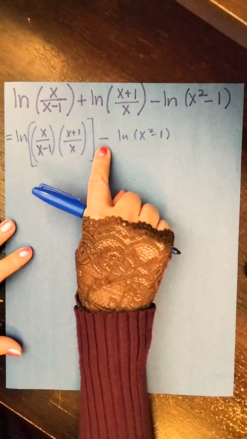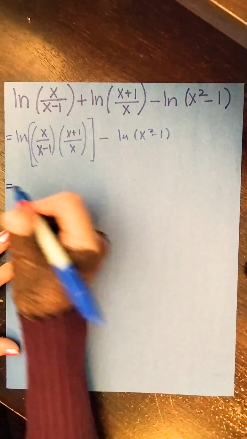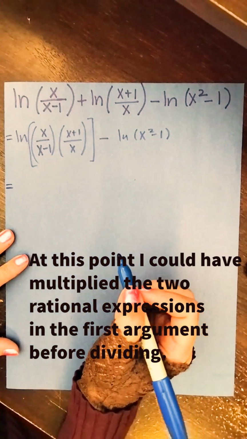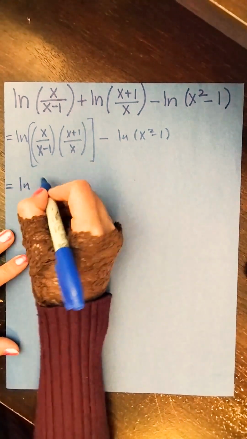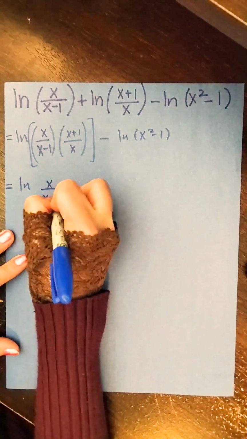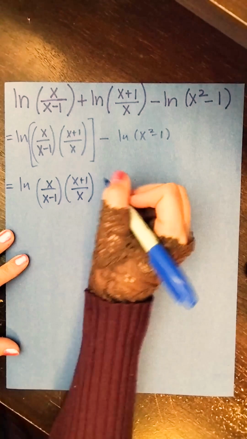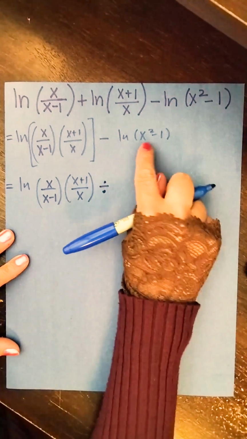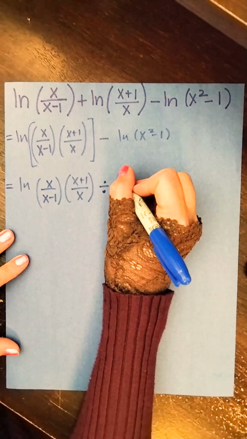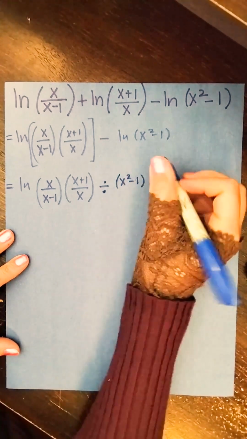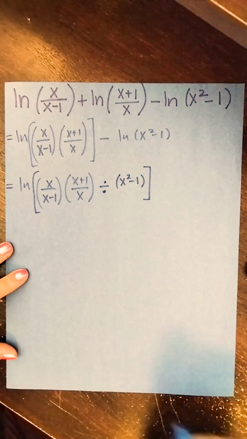Now I'm subtracting two logs with the same base. When you subtract, you take the quotient of the two arguments. So the first argument, the natural log of x over x minus 1 times x plus 1 over x, divided by the argument of the second log. So we have x squared minus 1. Okay.